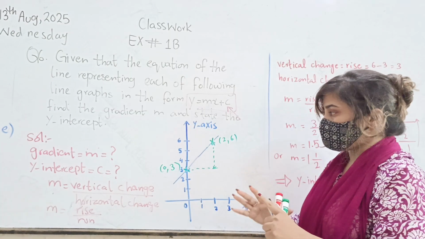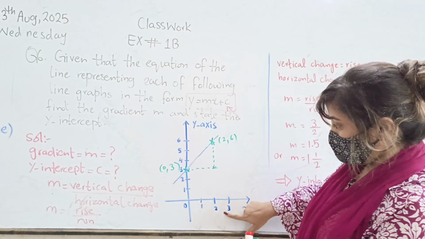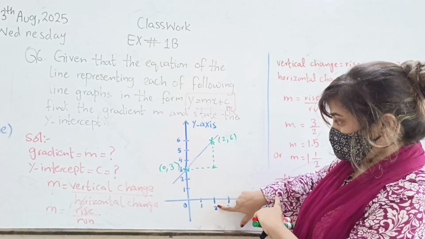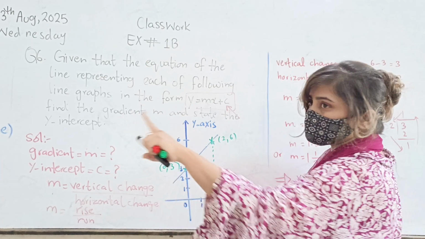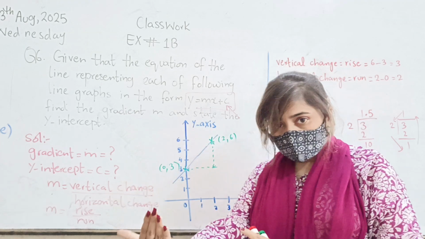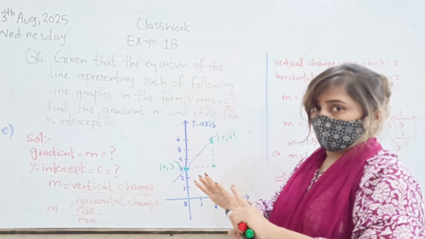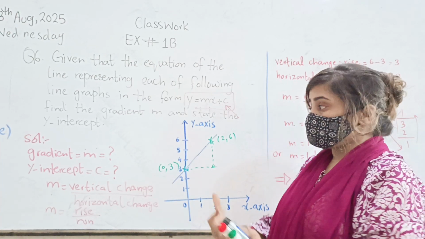So I take an easy point, like the opposite. This 2 is on the x-axis, and its corresponding point exactly opposite on the y-axis is 6. So I take exact points which are easy for me to solve.